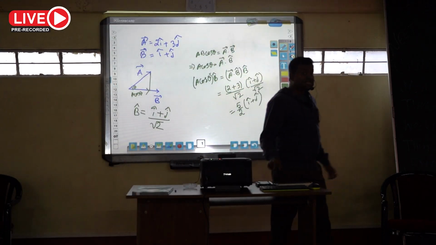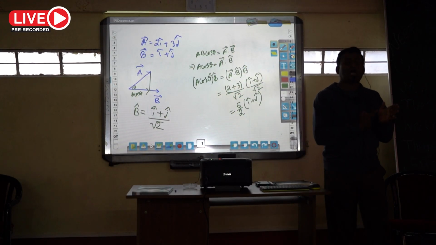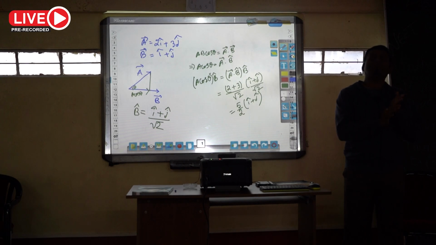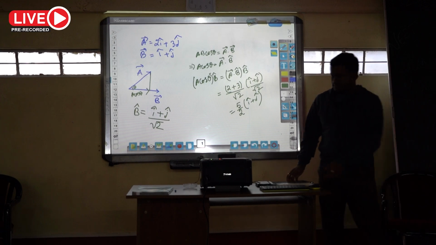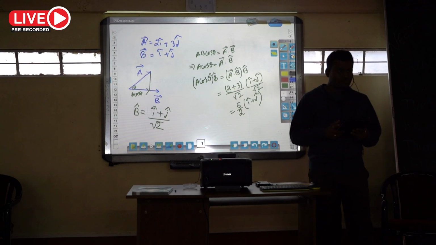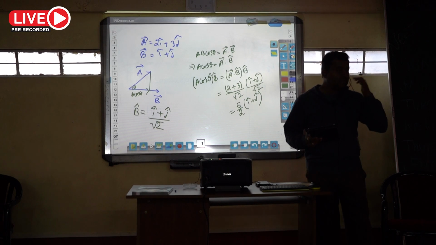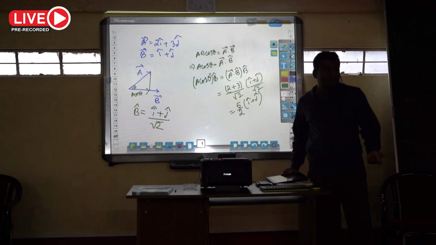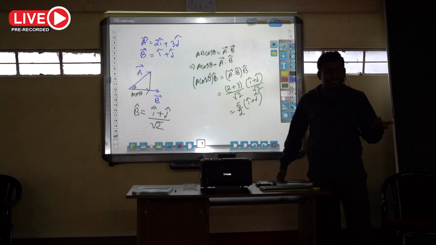But sometimes in the question they ask for component and give only the scalar magnitude. So be careful about what is given in the question and then tick the correct answer. If it is only projection, then it is 5 by root 2.